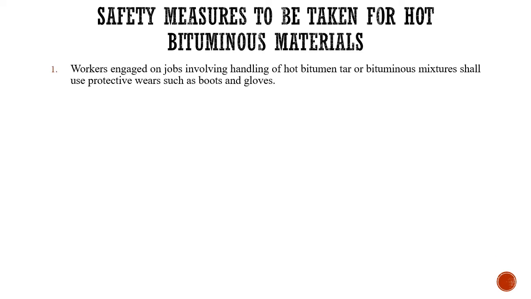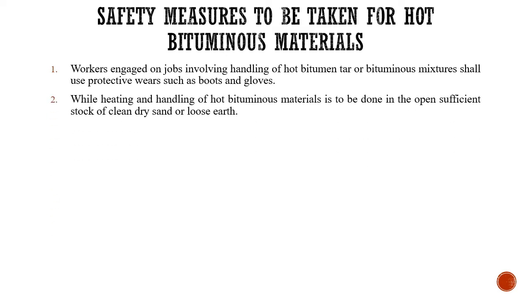Safety measures to be taken for hot bituminous materials. Some of the precautions to be adopted while dealing with the hot bituminous mixes or materials include: workers engaged on jobs involving handling of hot bitumen, tar or bituminous mixes shall use protective wear such as boots and gloves.